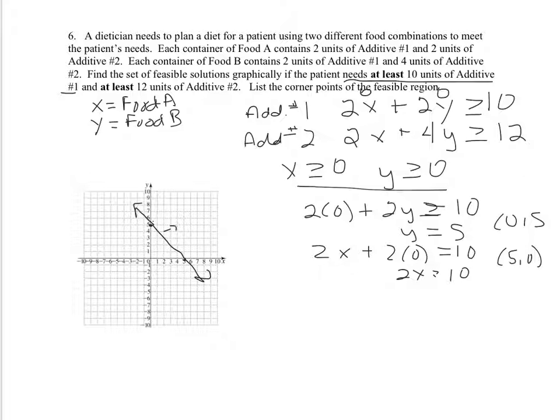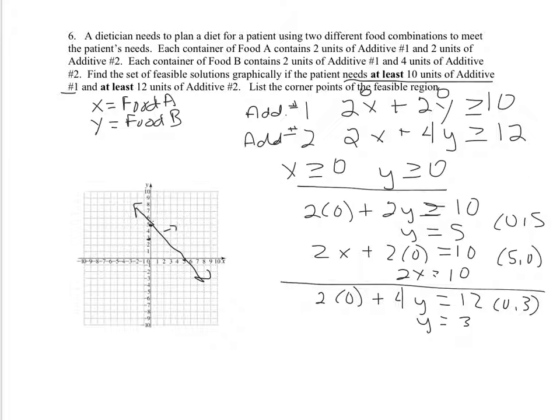Okay? Now, to get the next one, we're going to do the same thing. We'll put in 0 for x, so 2 times 0 plus 4y equals 12. And if 4y equals 12, y is going to equal 3. So I know 0, 3 is going to be one of my intercepts.